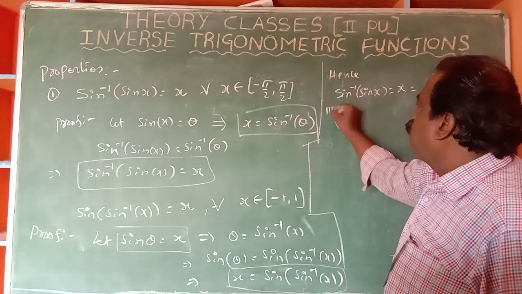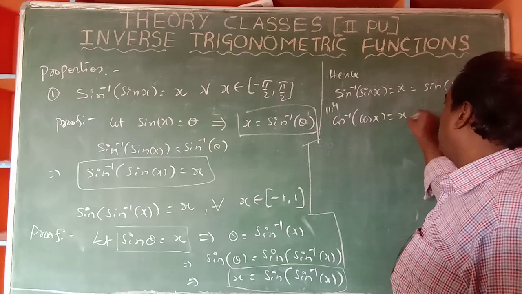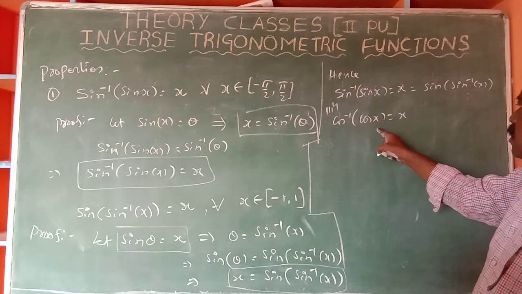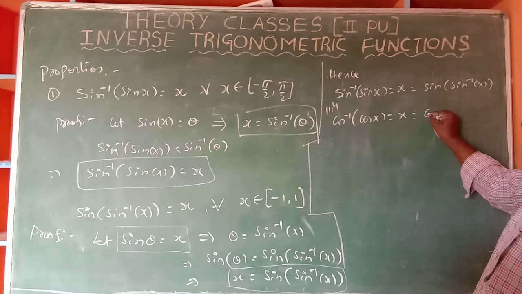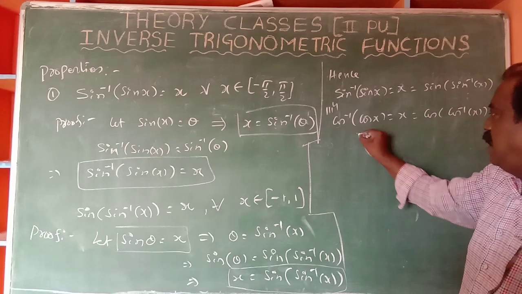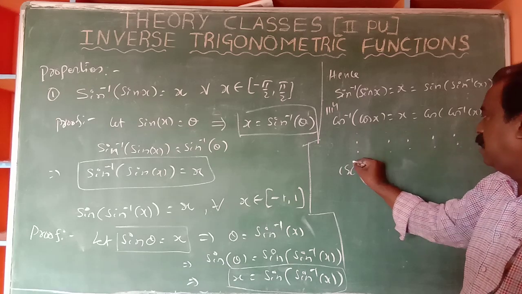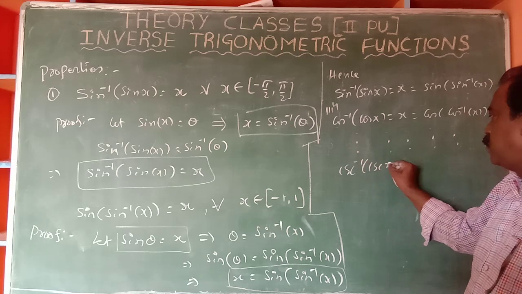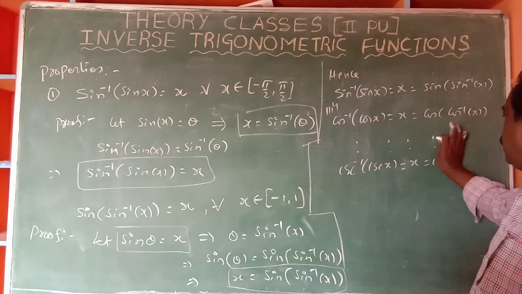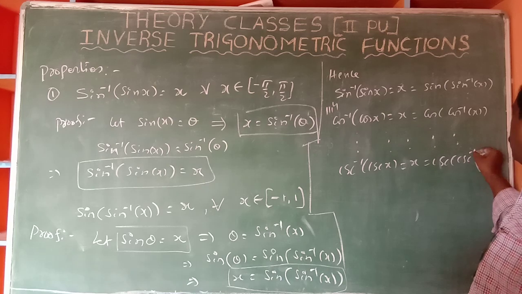Similarly, cos inverse of cos x is equal to x, and mainly this is important, x is equal to cos of cos inverse x. Like this, we can find all the trigonometric ratios: cosecant inverse of cosecant x is x, and cosecant of cosecant inverse x is x.